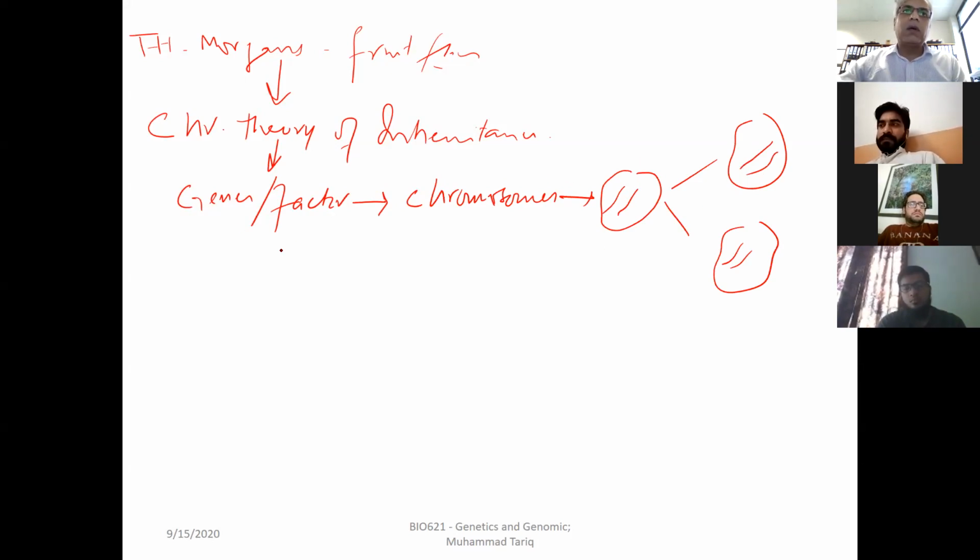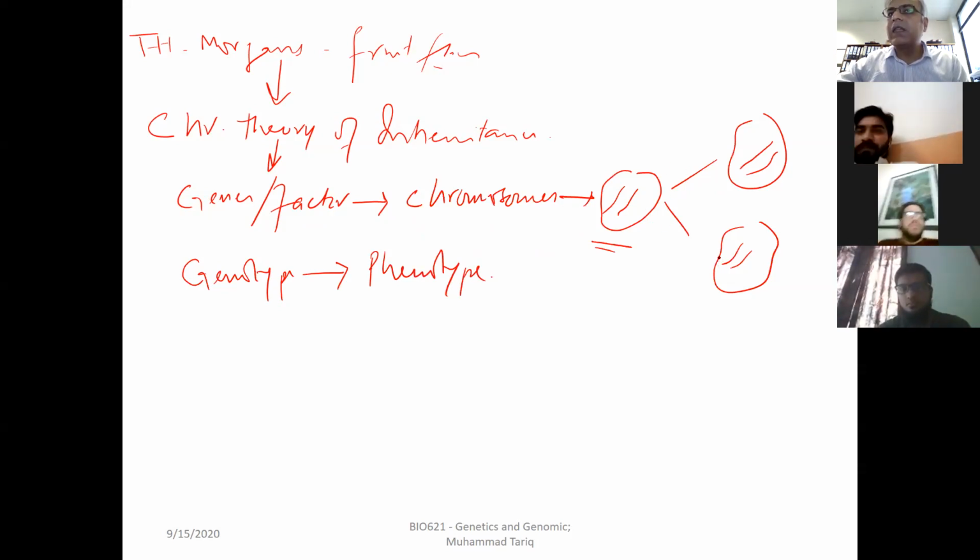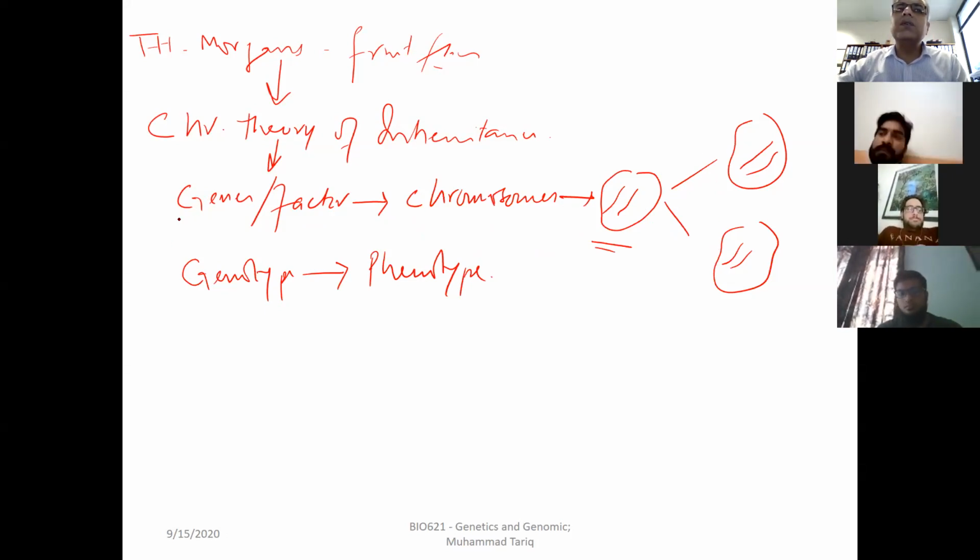So whatever the genetic makeup, or genotype, of a living cell is, and the corresponding phenotype, they are inherited through cell division. And this inheritance of phenotype is actually due to this association of genes with the chromosomes.